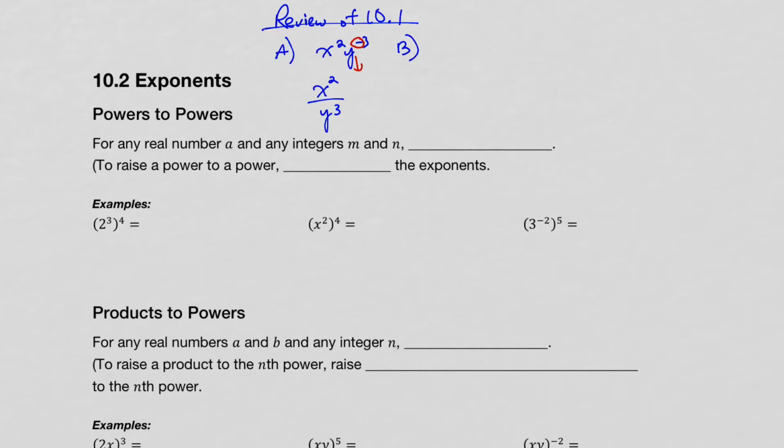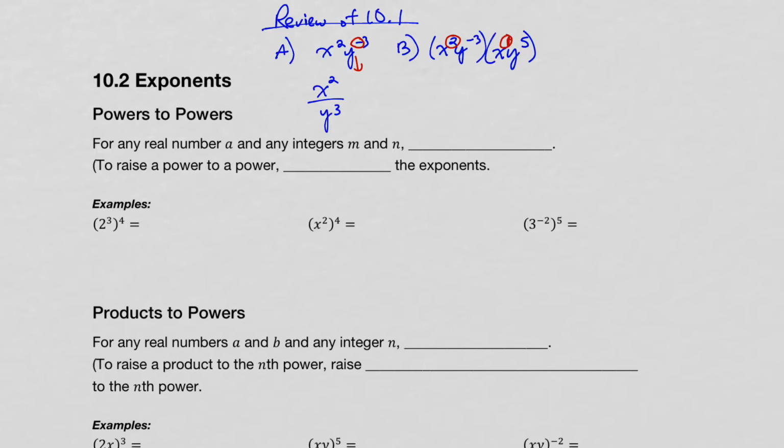We also saw things like the product rule, where you add exponents. So let's say we had x squared y to the negative 3 times x y to the 5th. Okay, and here we would add exponents. So we have 2 plus this invisible 1.